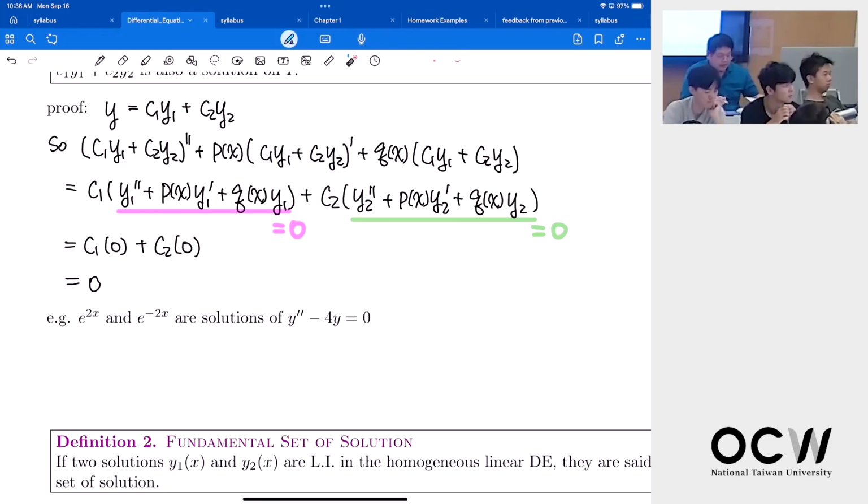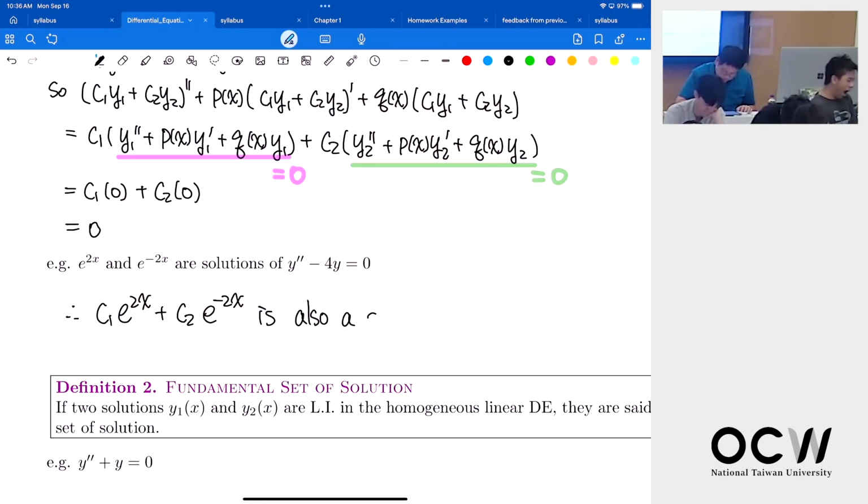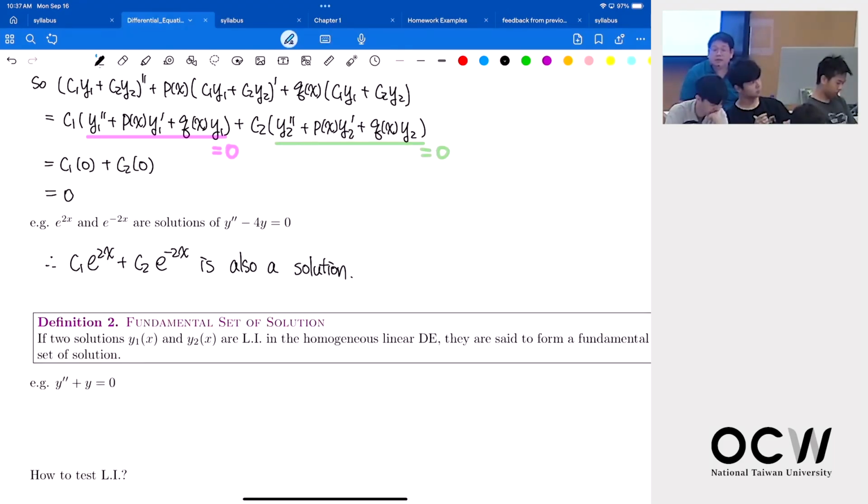But since I tell you that these two are solutions of this differential equation, that means the linear combination of these two functions is also a solution.